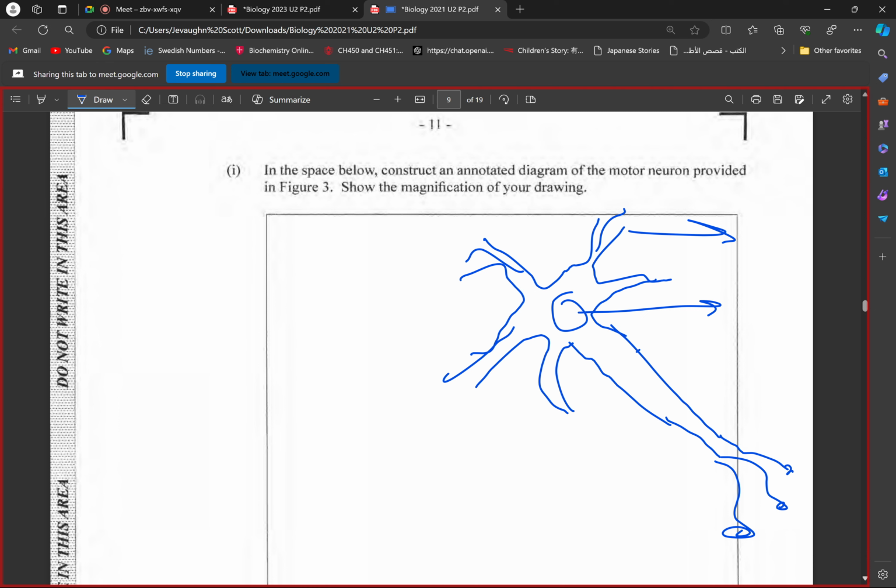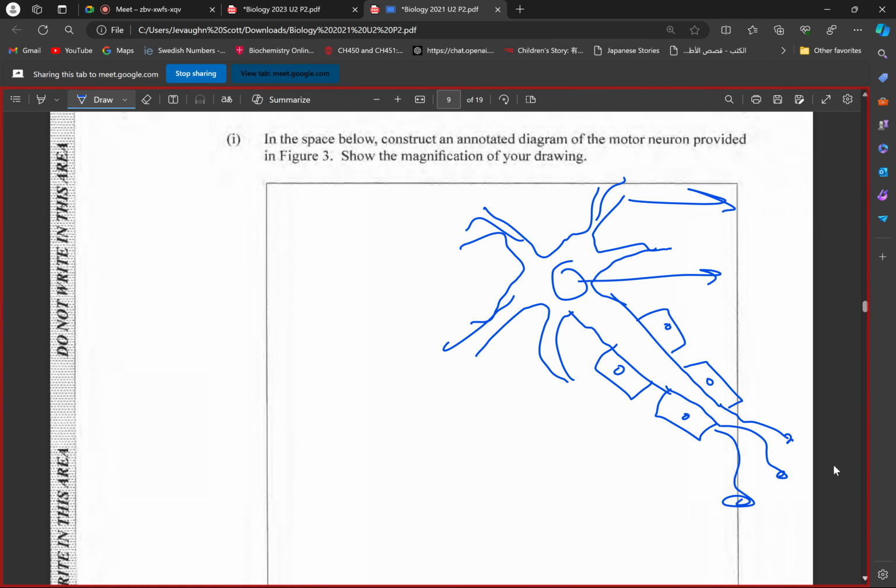It's a rather interesting neuron. Can I go back up to the picture, please? So we're supposed to just draw this. I can only see the cell body.